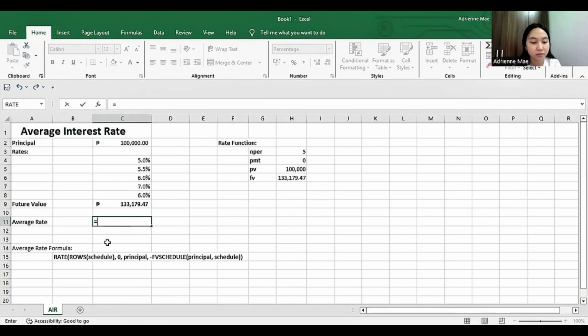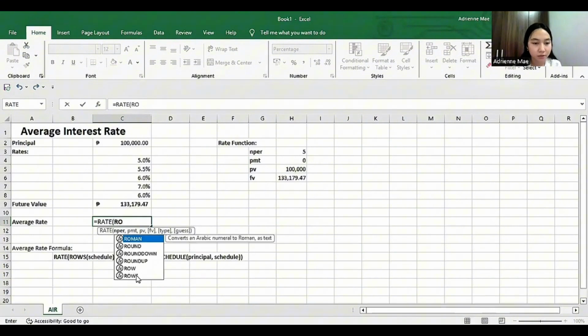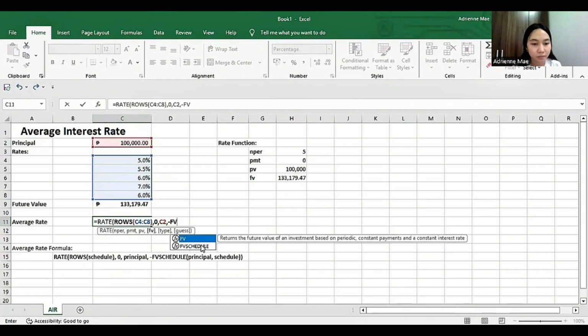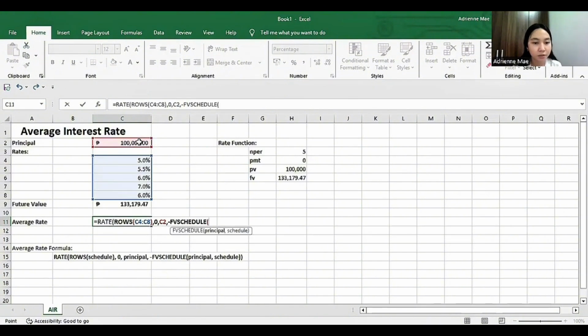Equal sign. We have the RATE, ROWS, schedule, which is itong 5% and 6%, close parenthesis, and itong 0, principal, which is this 100,000, and the negative FV schedule, principal 100,000 ulit, and schedule, ito, 5% hanggang 6%.